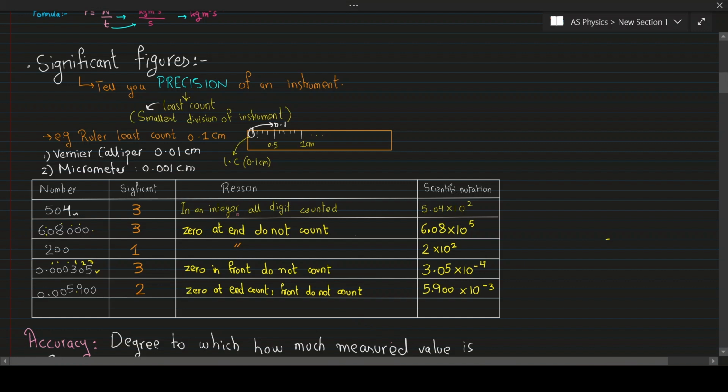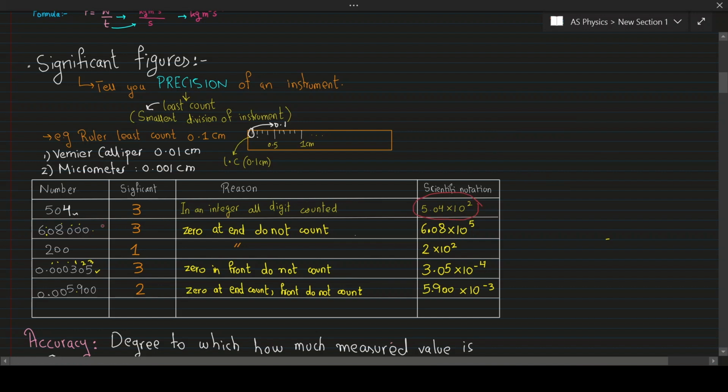So now in significant figure, if we look at this table, the first number, that is 501, is written in 3 significant figure, which means that we have to count all the digits. If there is no decimal place, then we have to count the whole number. That would be our significant figure, and we have to sometimes write it in standard form.